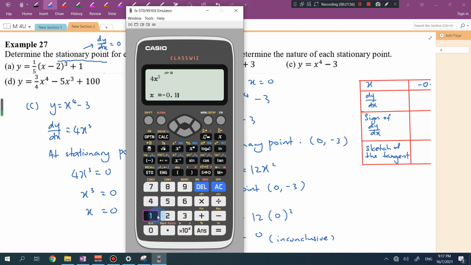Press equal, you will get this. If you want to change it to decimal, also can, negative 0.004. Then calculate again, key in 0, we should be able to get 0. Then press calculate again, key in 0.1. This is a positive value.